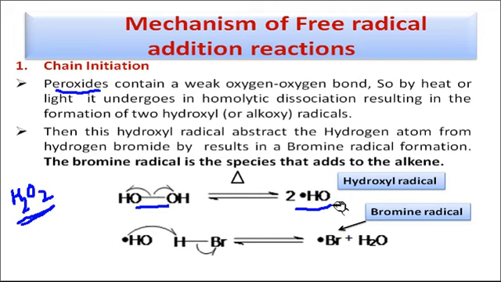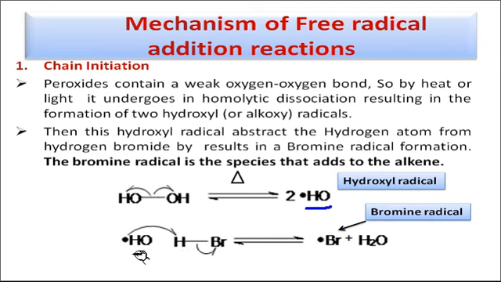So in the chain initiation step, the peroxide undergoes homolytic bond cleavage. This is the fishhook arrow, which means a single electron moves towards each hydroxyl group. So the formation of two hydroxyl radicals takes place.